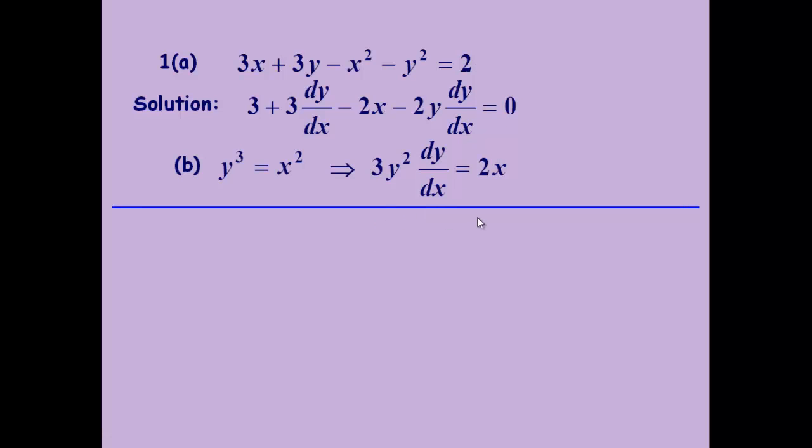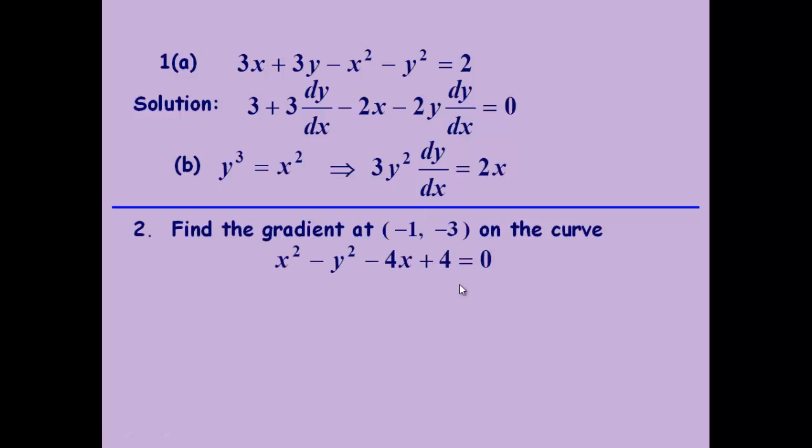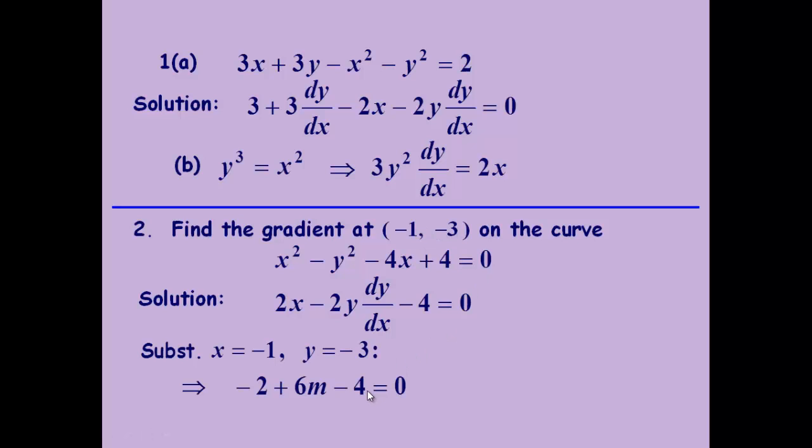So similar sort of thing with part B. To find the gradient on this curve, all we do there is differentiate everything and then put the x and y values in. And we end up with that. The dy dx is the gradient part, isn't it? So we'll let that be our m. And if we rearrange, we get m equals 1.